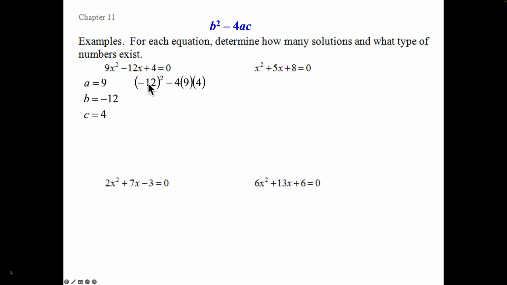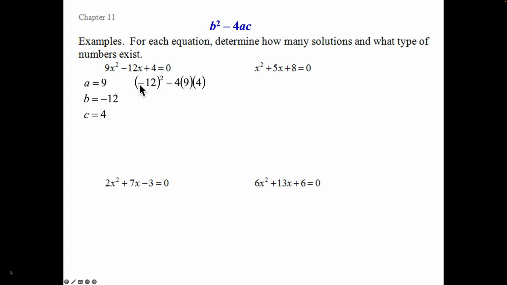If I type in negative 12 and square it without the parentheses, that will come up to be a negative 144. You have to show me the substitution: negative 12 in parentheses being squared, minus 4 times the a, which is 9 in parentheses, times the c, which is 4. You need to write this down.